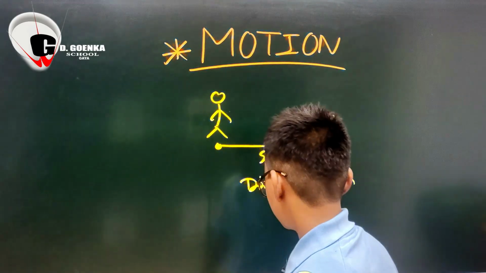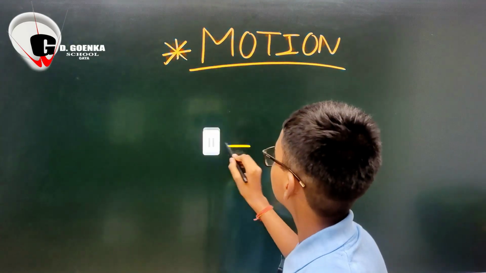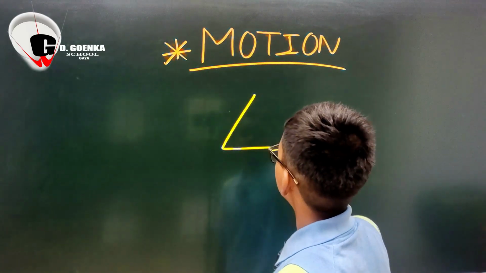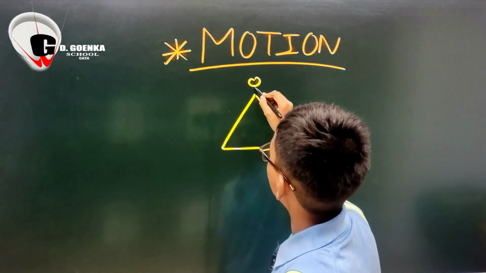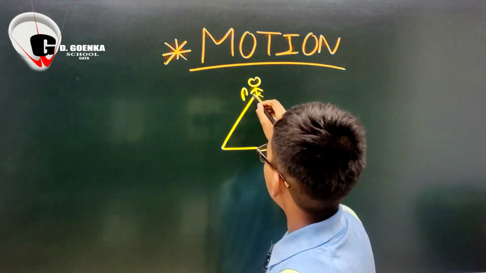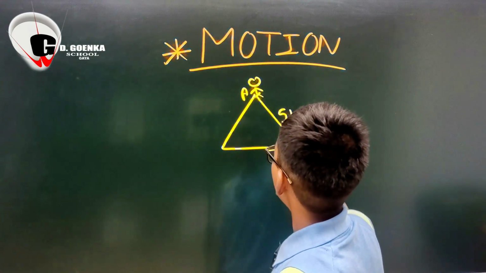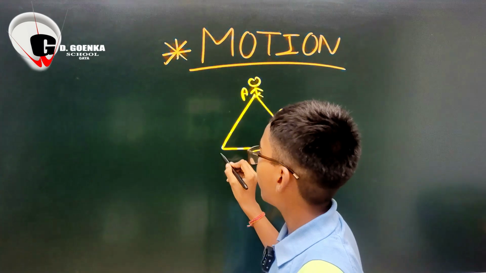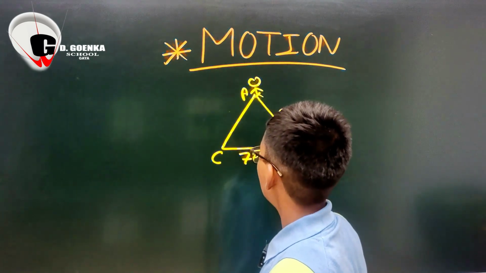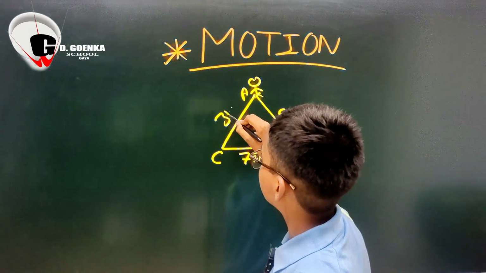Now let's take some other example. Suppose a man is over here, and from point A he travels to point B, which is a distance of 5 kilometers. From point B to point C the distance is 7 kilometers, and from point C to point A the distance is 3 kilometers.